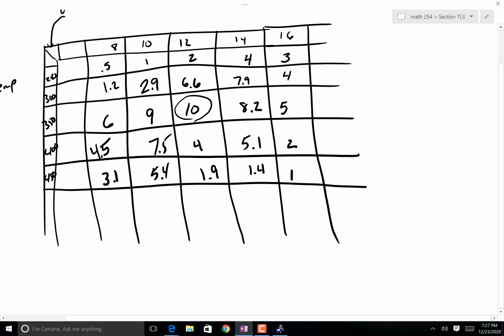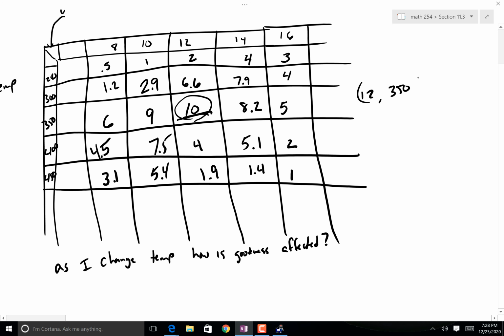So, excuse me. What I want to look at is this. As I change temperature, how is the goodness affected? Well, it kind of depends, Jay. Well, what do you mean? Well, if you were here at 12 minutes and 350 degrees and you increase the temperature, what's going to happen?